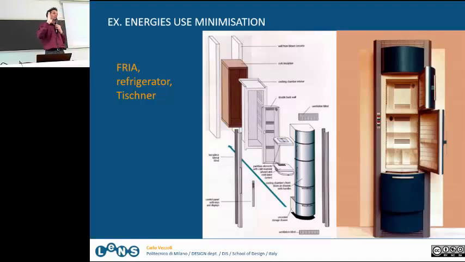So it's like putting the back of the refrigerator almost outside, taking in the cold season the cold from outside, without the need of energy to cool the system inside. So for 5 months a year, there is no need of electricity to cool the system because it's actually taking the cold that is coming from outside.